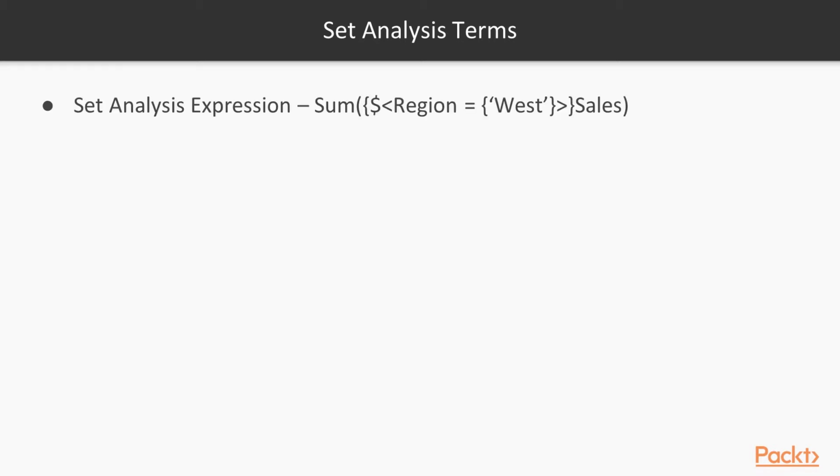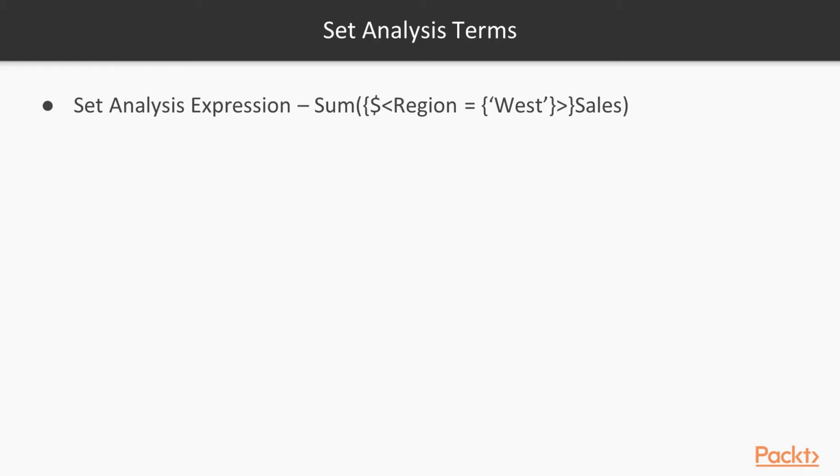So first of all, this is an example of set analysis. Here, the first part is the function, the sum function, and then the curly bracket, a dollar sign, and then the opening angle bracket.